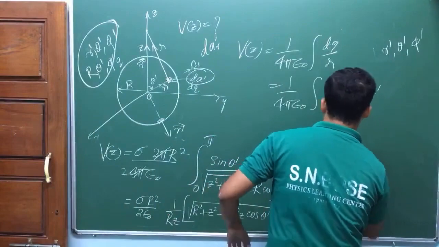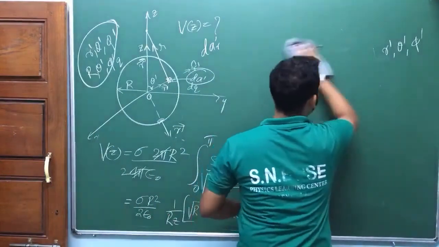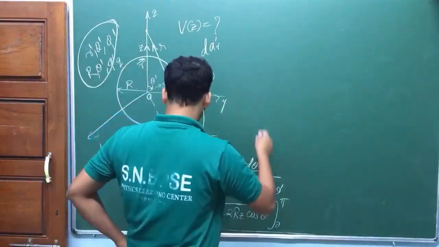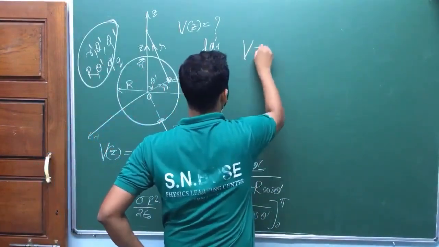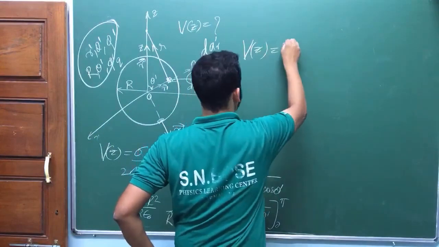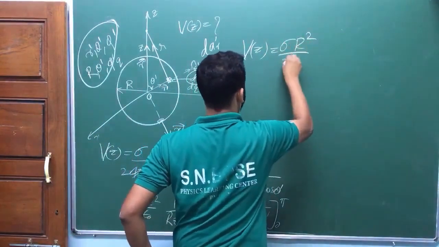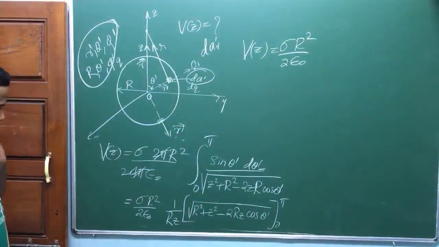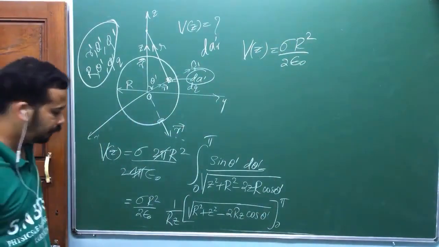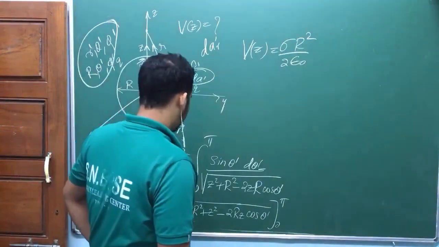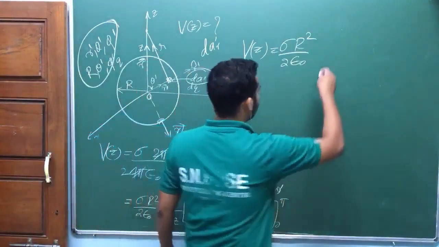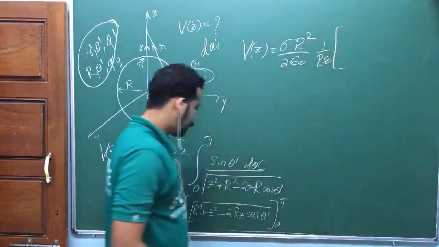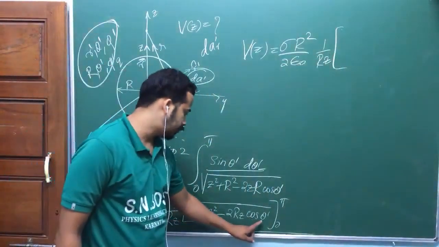If you substitute the limit, be careful while substituting the limit. When you substitute the limit, what will happen is V at z is equal to sigma R square divided by 2 epsilon naught. Yeah, speak out. Any problem? 2 epsilon naught, 1 by R z, upper limit, cos theta is minus 1, am I right?